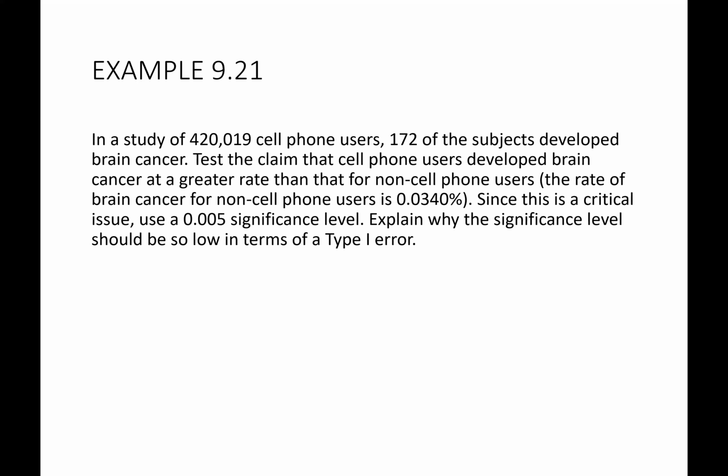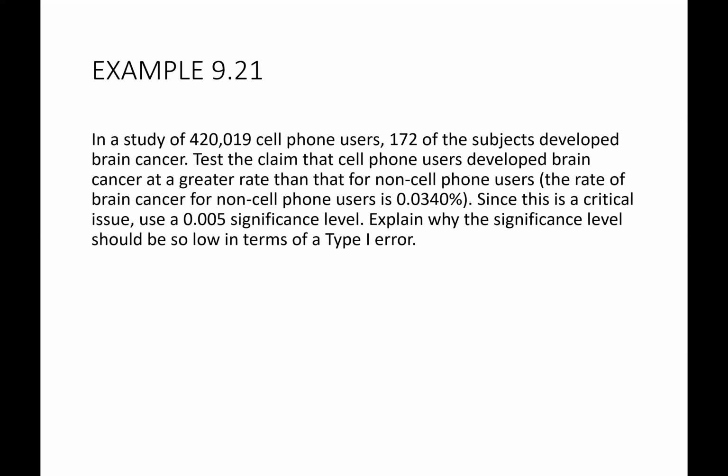The rate of brain cancer for a non-cell phone user is 0.0340%. Since this is a critical issue, use a 0.005 significance level. Explain why the significance level should be so low in terms of a type 1 error.